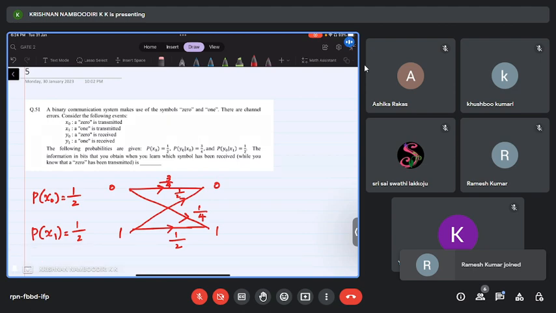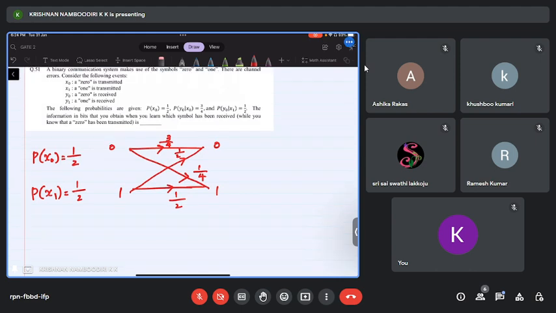How uncertain the output is, or how uncertain the outcome is of an experiment. For example, maybe throwing a die. So there is an uncertainty associated with that, correct? So here the question is to find out the information in bits that you obtain when you learn which symbol has been received. There are two possibilities for receiving. It can be either 0 or 1. So it is already known that a 0 has been transmitted.